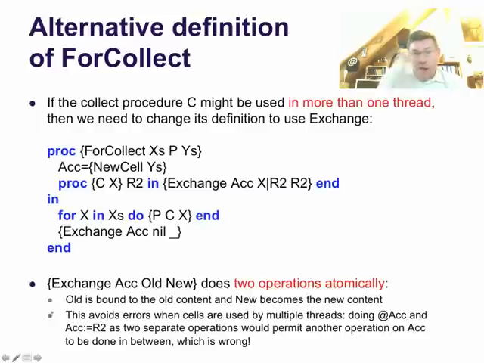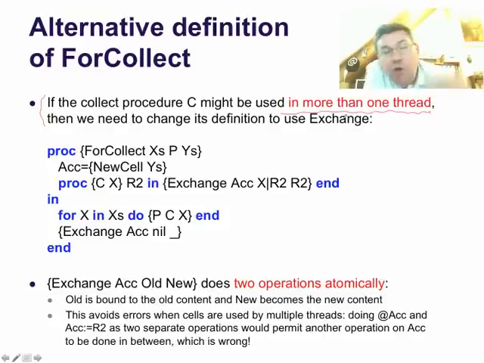And there's an alternative definition. Note that if we might call the collect procedure in more than one thread, then we need a changed definition. Instead of using := and access, we will use exchange instead, because exchange does both operations, accessing the old content and updating the new content atomically.